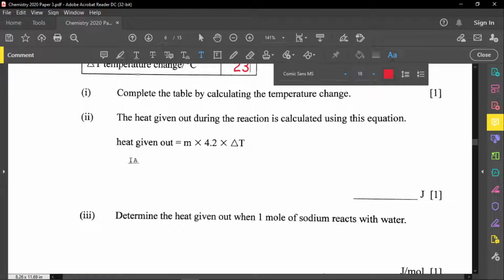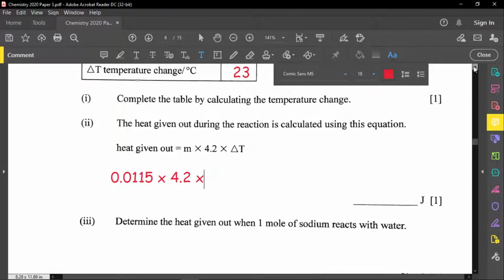So I'm going to multiply my mass, where M represents mass, 0.0115, by the 4.2 given there, which is the specific heat capacity of water, and multiply by the change of temperature, which in our table is 23.